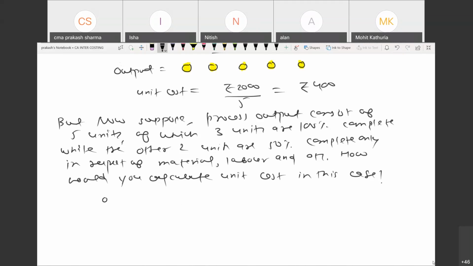So here your output again consists of 5 units, but all 5 units are not 100% complete. Okay, sir. First 3 units are 100% complete. Say it is completely yellowed, so all the units are complete. But for the remaining units, the question tells you, these are only 50% complete. Okay, sir.